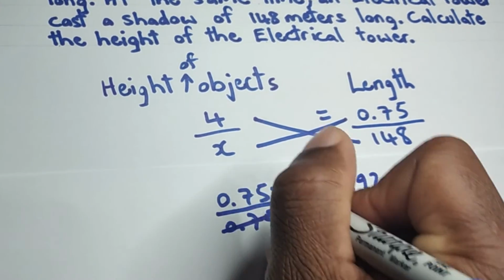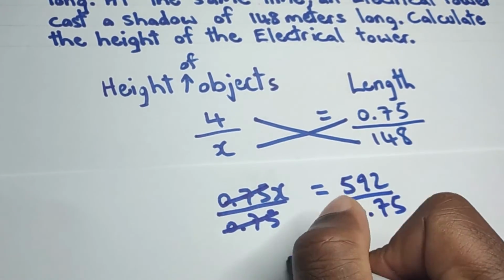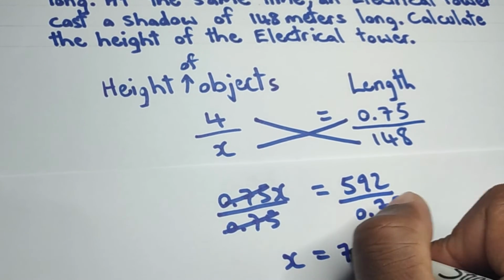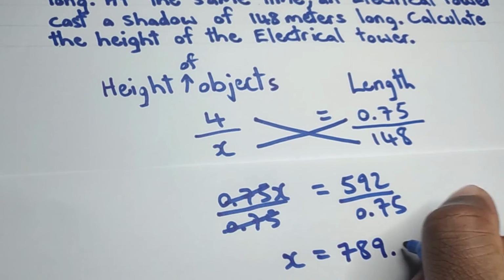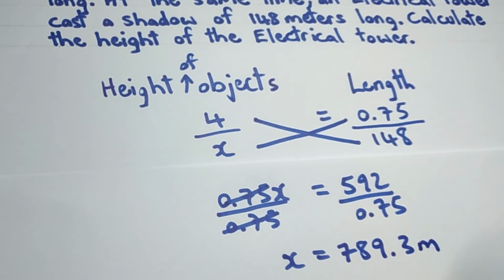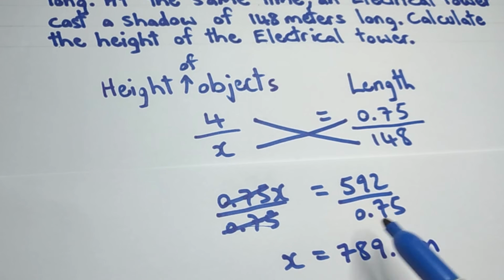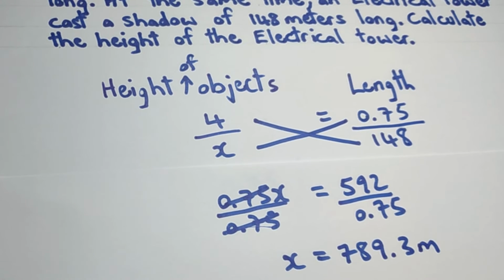So 0.75 will cancel 0.75, and x will be equal to 789.3 meters. Therefore the height of the tower would actually be 789.3 meters.